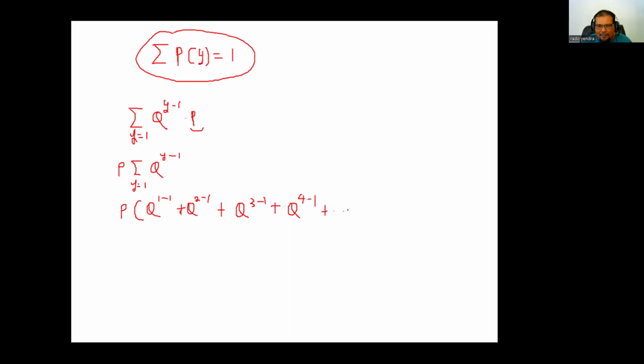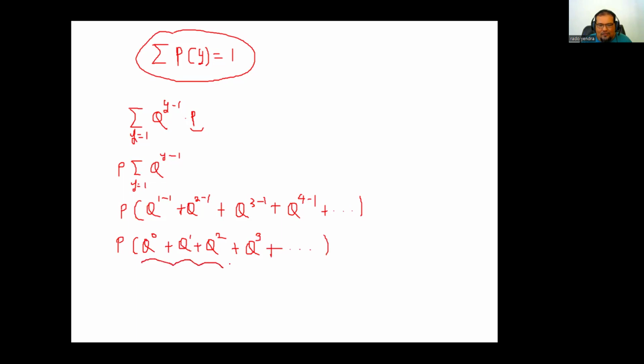So this must be q to the power 0, plus q to the power 1, plus q to the power 2, plus q to the power 3, and so on.